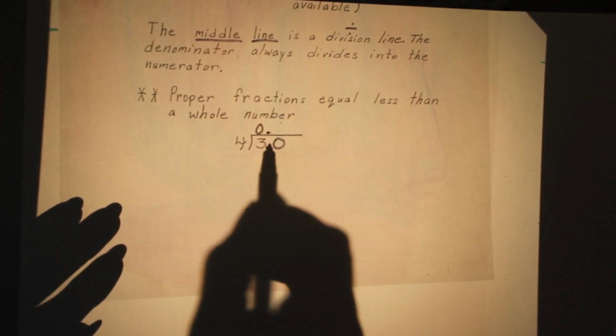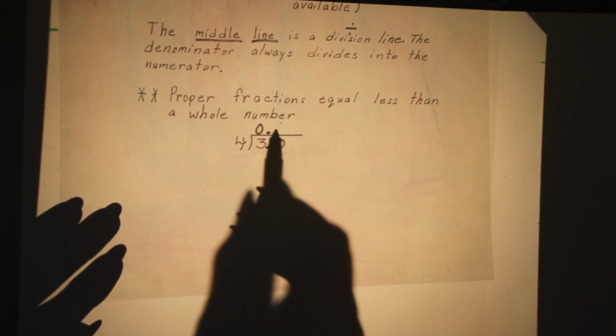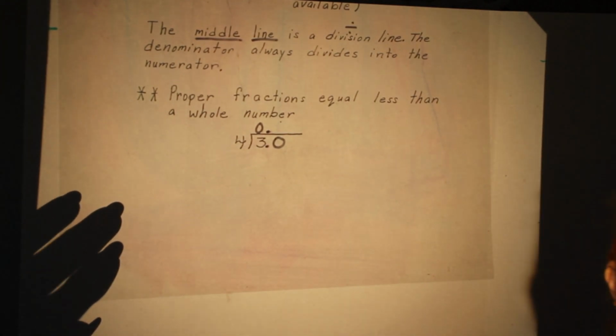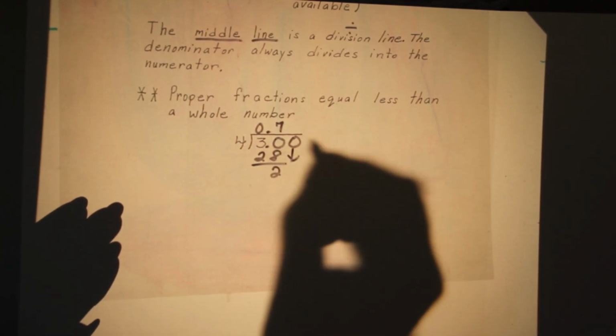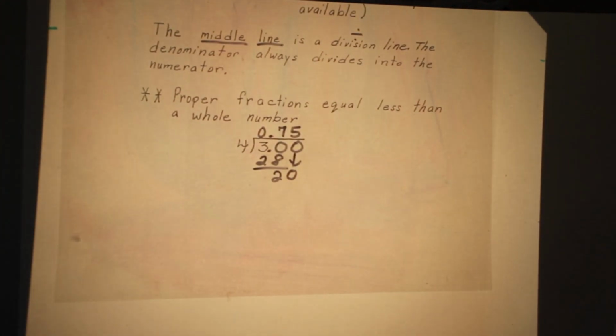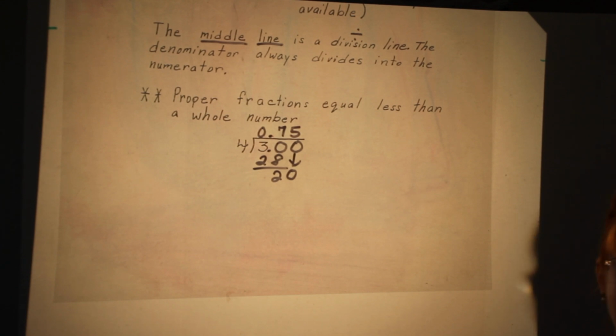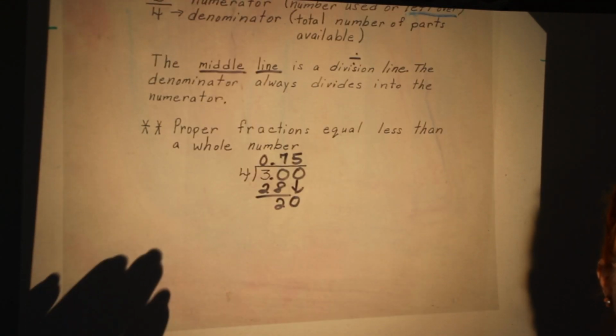Because now I'm going to add a 0. That's how we're going to get our decimal. Well, you get 7, and that would give you 28. Add another 0. How many 4s can you get out of 20? You can get 5. So there's your 0.75. So the bottom number goes into the top number.